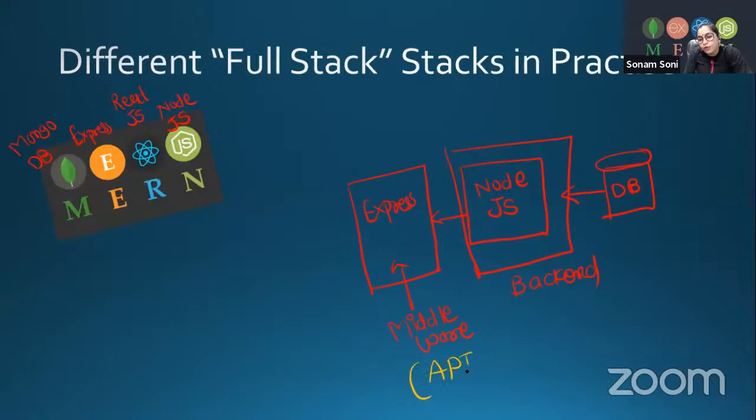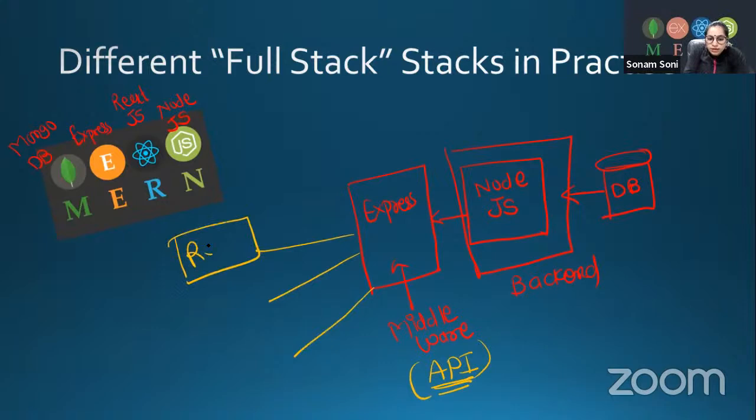Or you can also say API. How many of you know API? Application Program Interface. So this is an interface. When you create that interface, you can use it in any of your front ends.